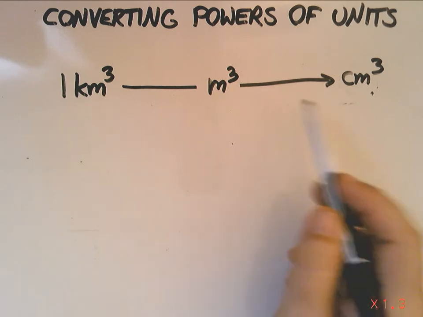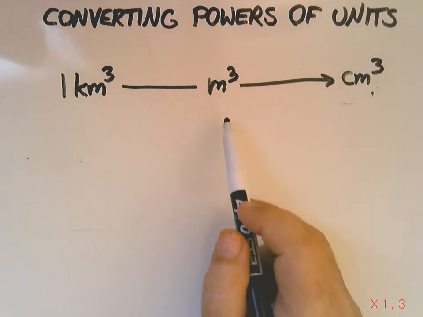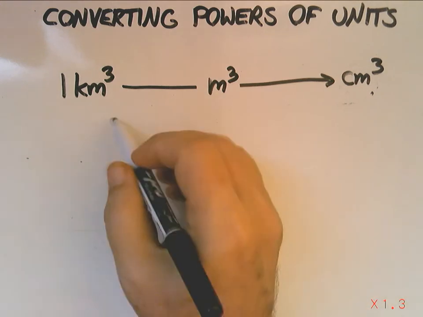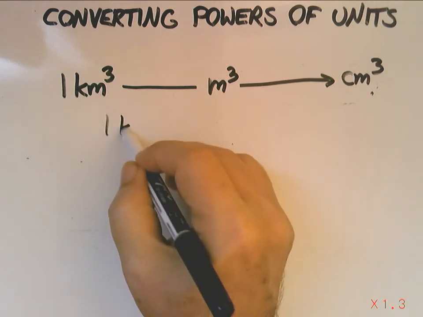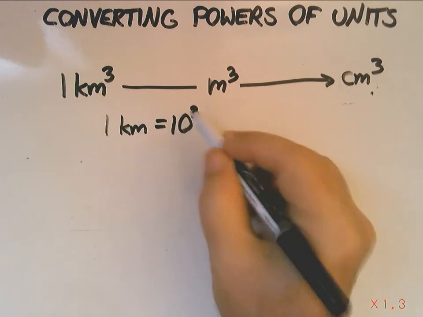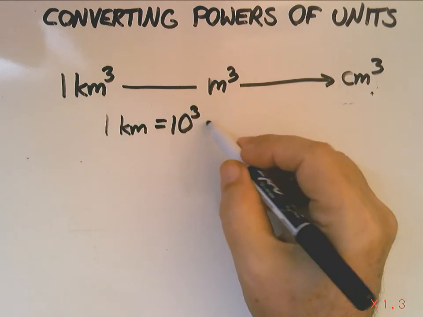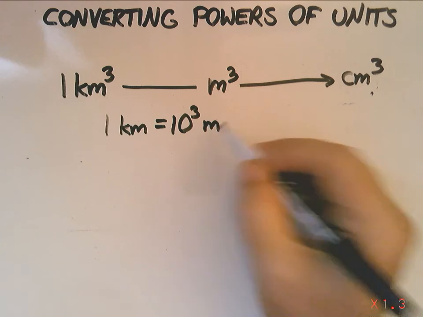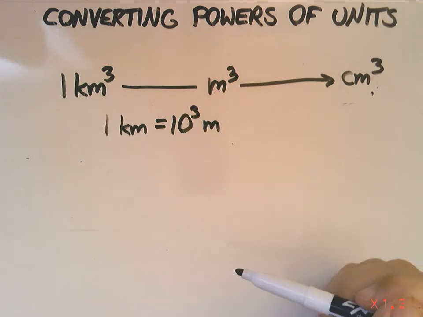Now, how do I do each of these pieces? Notice that I'm using powers of units here. It is no problem for me to relate kilometers and meters. Kilo means 10 to the 3, or 1,000. But how do I do cubic kilometers to cubic meters?